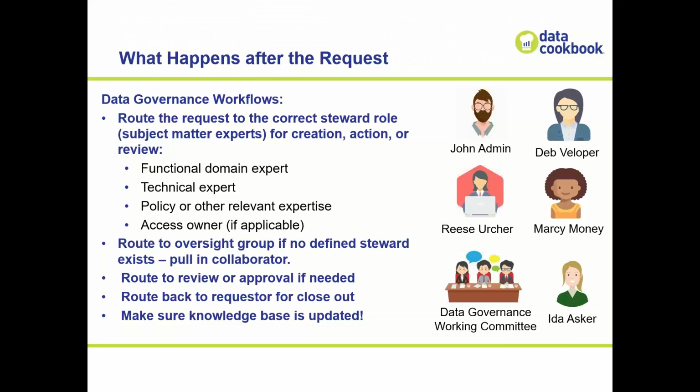And one of the things important to know is that you're rarely going to find someone who can do all of those things within an area. So you have to think about who's the right person to ask. So tools like your ticketing systems, or a data governance solution, oftentimes have ways to define that workflow or those steward roles. Like the Cookbook does that by content category and functional area and tools and data systems.